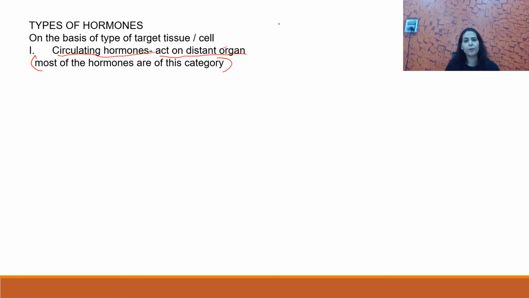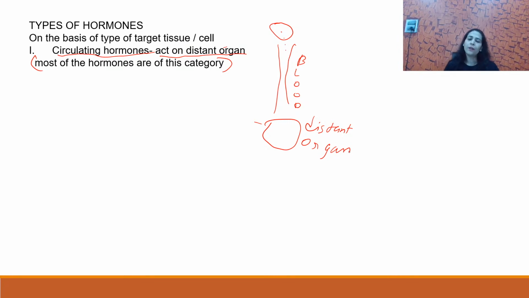Suppose this is the site of secretion of the hormone. The hormone comes out from here, enters the blood vessel, and moves to a distant organ. Such a hormone is known as a circulating hormone because it's circulating.